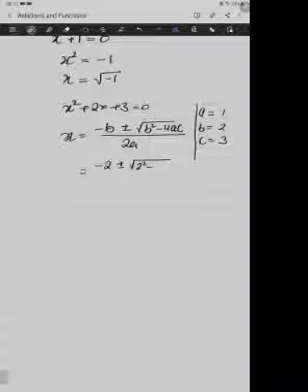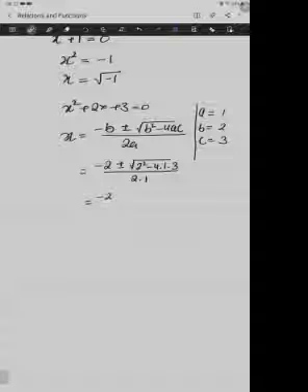Over here, A, B, C selection. Hope you remember A, B, C. This is said as quadratic formula or Sridharacharya's formula. So A is 1, B is 2, and C is 3. So minus 2 plus minus under root 2 square minus 4 into A is 1 into C is 3 upon 2A.